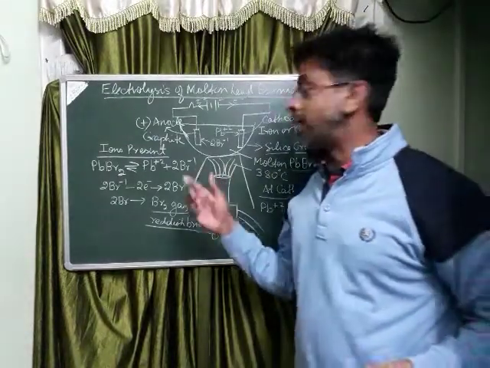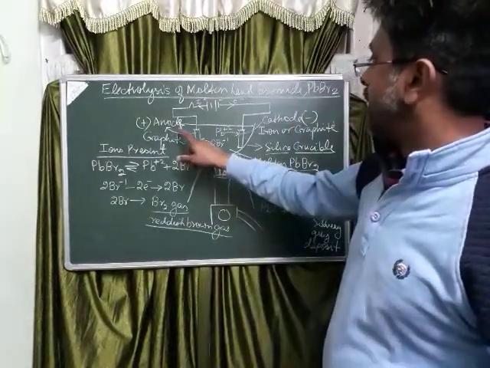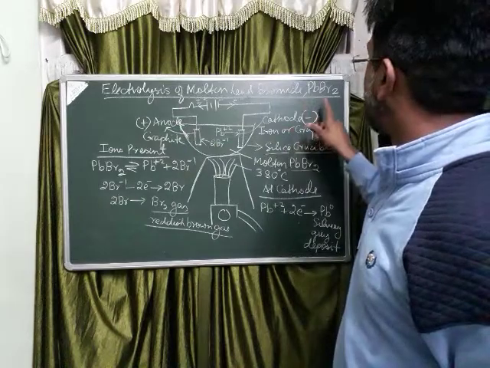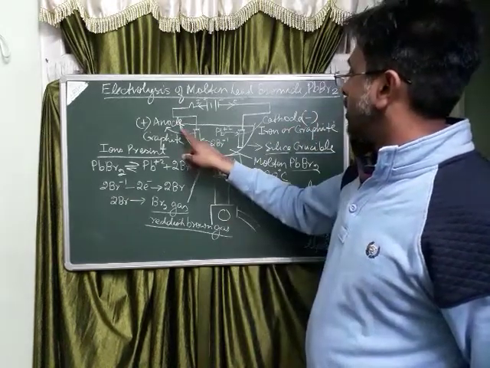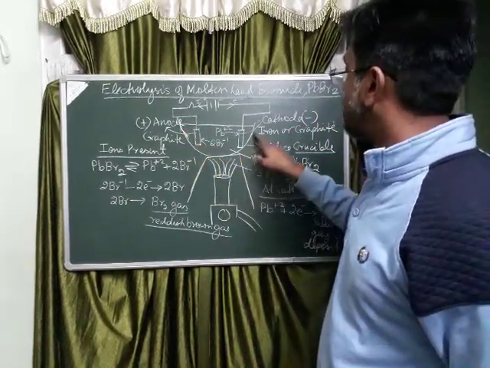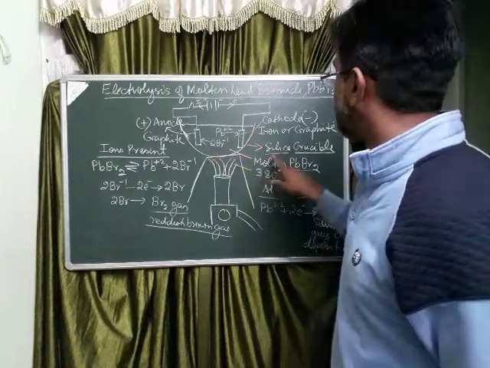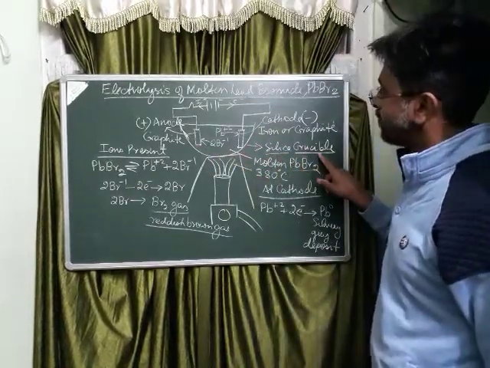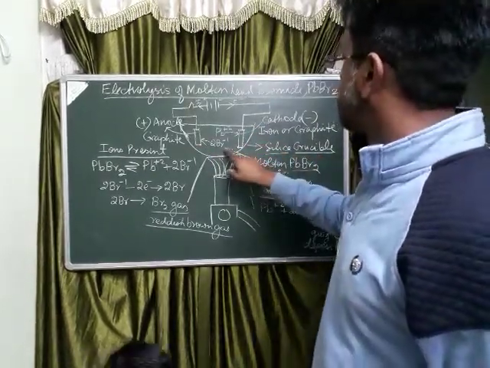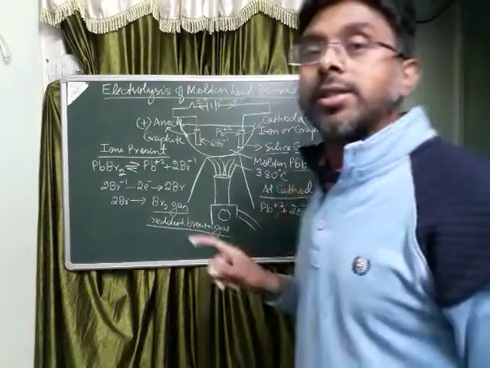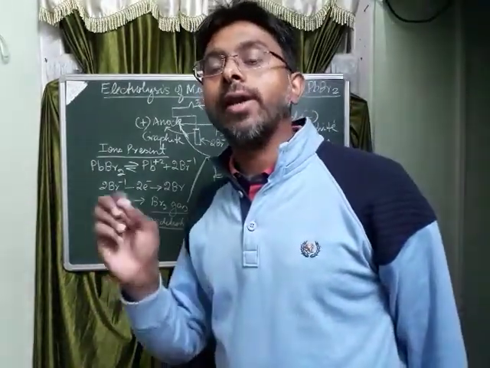Let me revise once more quickly. In the electrolysis of molten lead bromide, PbBr2, the vessel, the electrolytic cell, is made of silica crucible. Why do we use silica crucible? Because silica crucible can withstand a very high temperature.